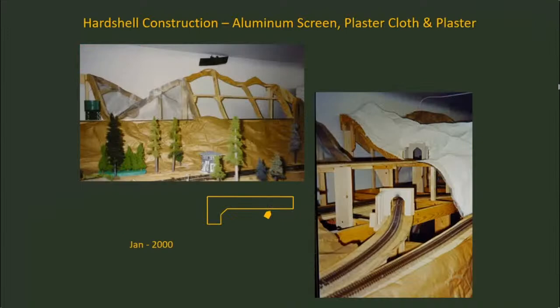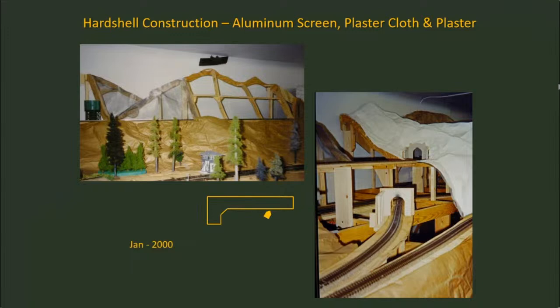This shows some of the hard shell that was constructed. There's an aisle in this portion of the layout. So looking toward the wall there's an aisle that you can duck under to. And these are lift out panels that are shown there.